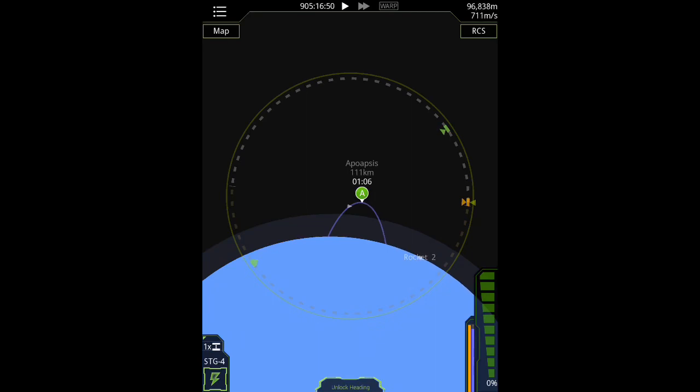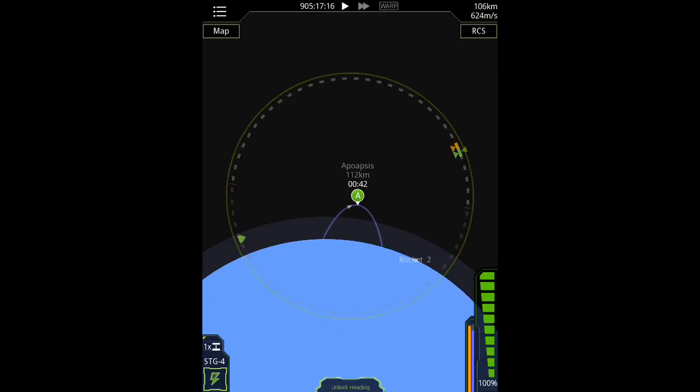Now remember, our acceleration is the force of gravity, and we are increasing velocity to compensate for that and to create a radius that is a-okay and allows us to stay in that orbit. So we're going to go ahead and aim our rockets towards the prograde direction and go ahead and fire them off.